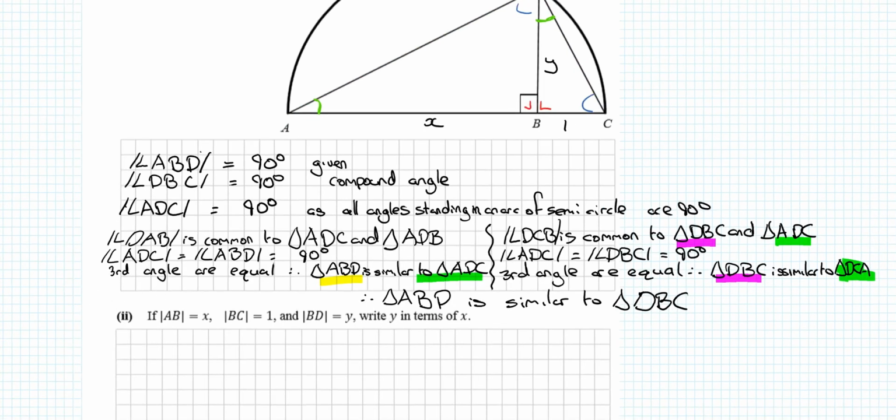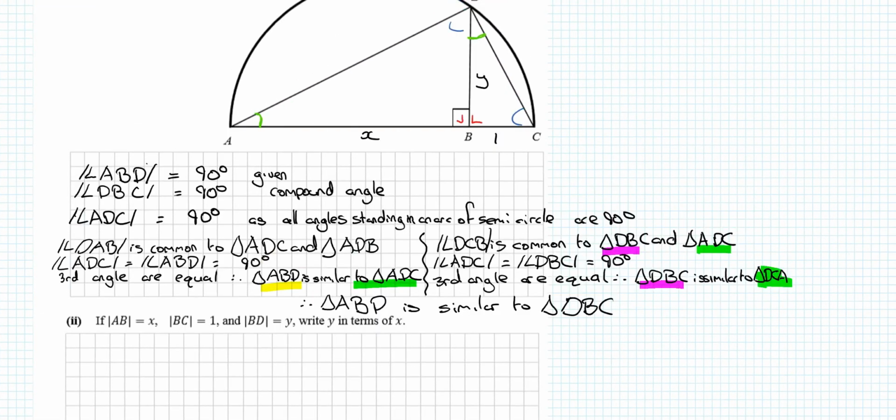And I always find it useful to just draw out the triangles again that I deal with. So, green, A, B, D. Blue.